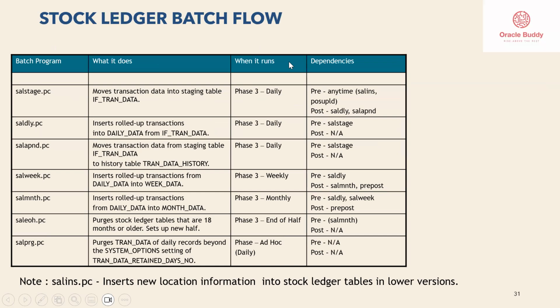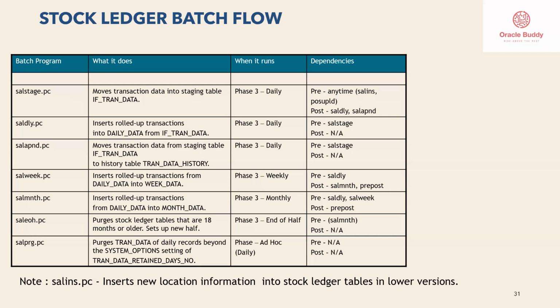Now let's discuss the stock ledger batches. The first one is salstage.pc. Before discussing salstage.pc, let's discuss salins.pc. All the lower versions use salins.pc, which inserts the new location information into the stock ledger table.